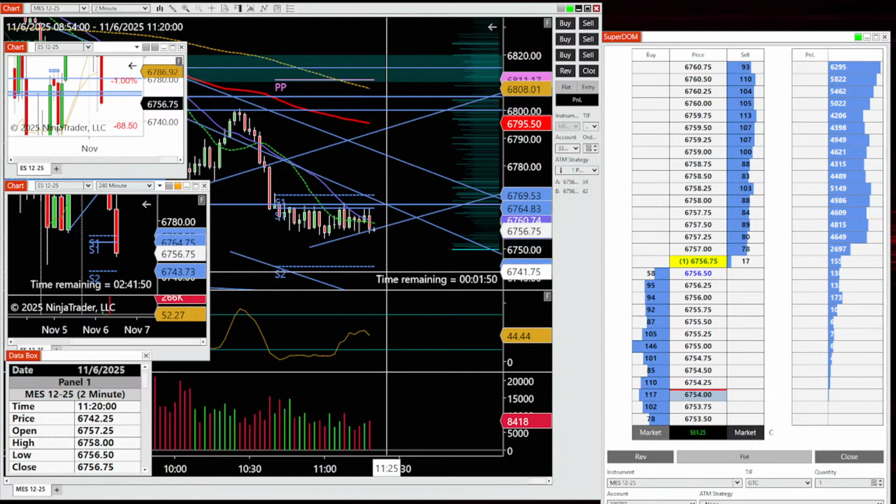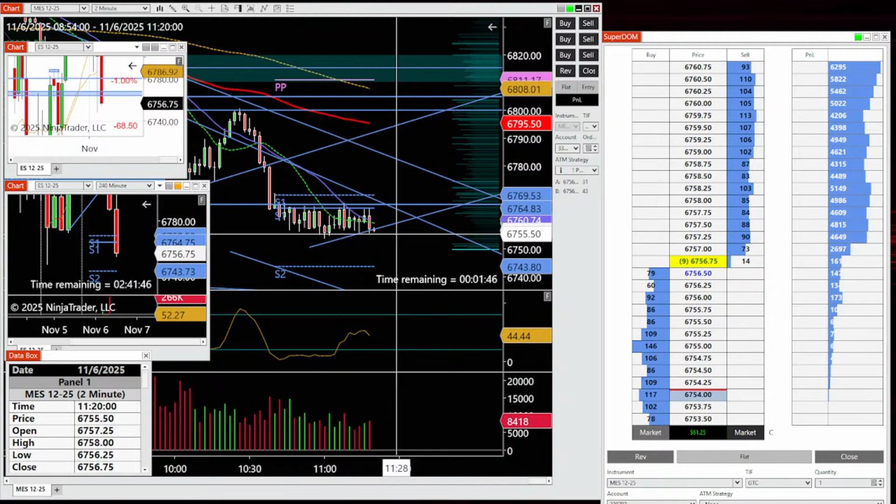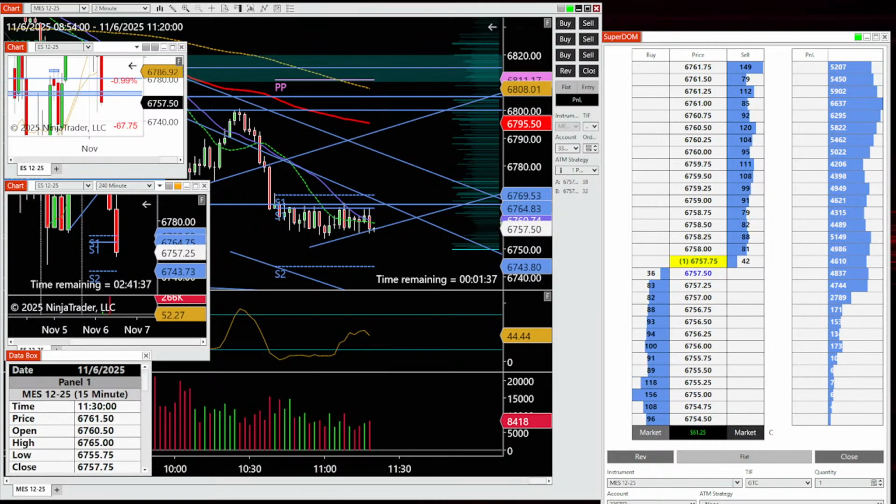We're getting so close down to here. I might miss the move because I don't want to get spiked out or whipped out, and the move just may go without me.